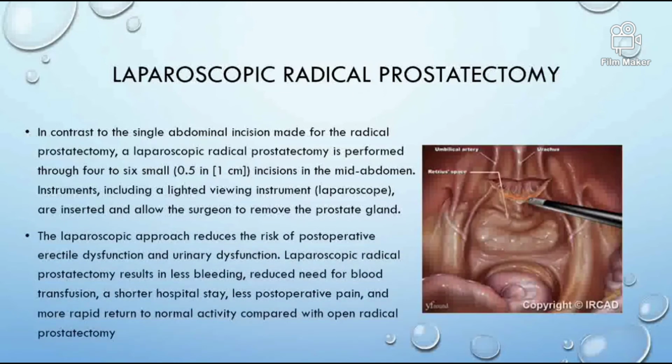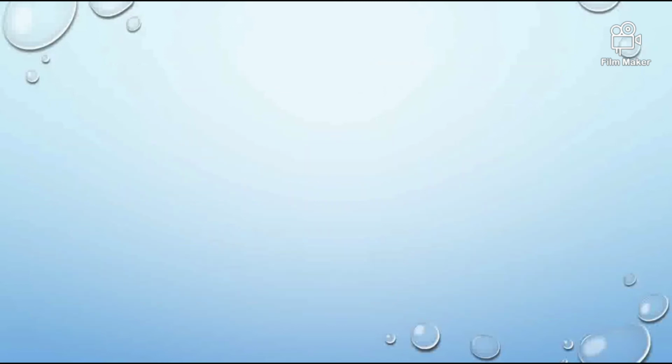The laparoscopic approach reduces the risk of postoperative erectile dysfunction and urinary dysfunction. It results in less bleeding, reduced need for blood transfusion, a shorter hospital stay, less postoperative pain, and more rapid return to normal activity compared with open radical prostatectomy.